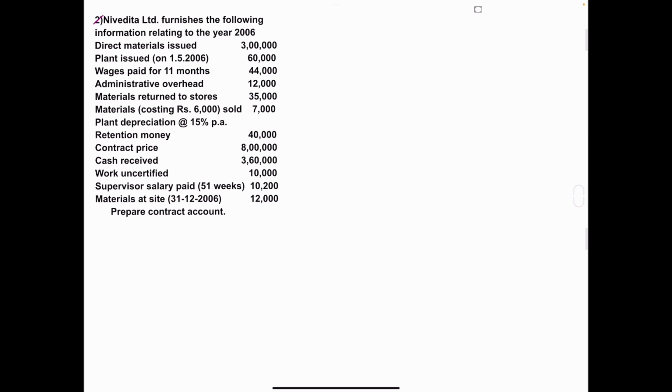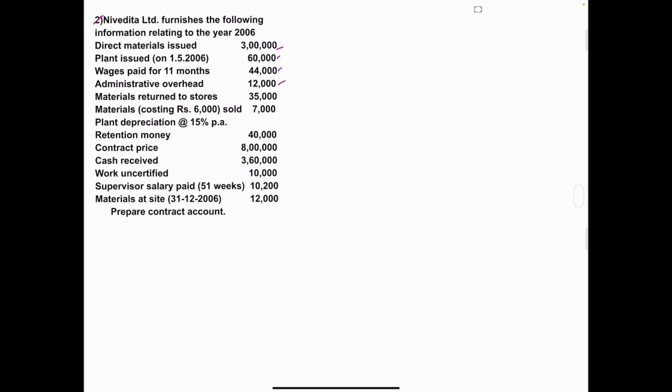Problem number 2. Nivedita Limited furnishes the following information relating to the year 2006. Direct material issued 3 lakh. Plant issued on 1st May 2006, 60,000. Wages paid for 11 months, 44,000. Administrative overhead 12,000.